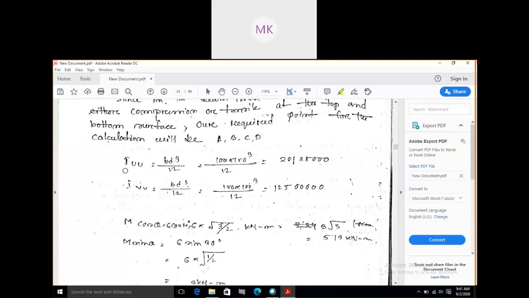First of all, along the U axis, if we find the moment of inertia for a rectangular section, all of you know the formula, BD cubed by 12. Just put the values and you will get the answer, and don't forget to write the unit. Can anyone tell me what is the unit here?